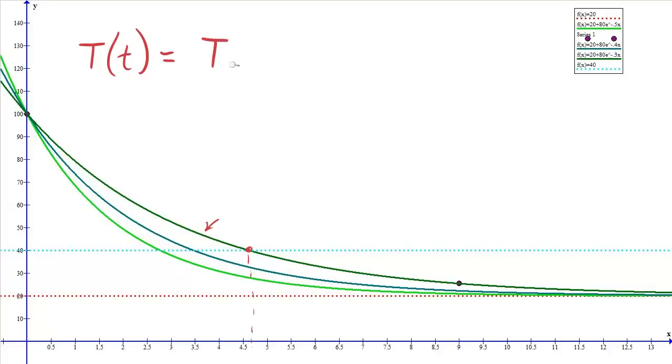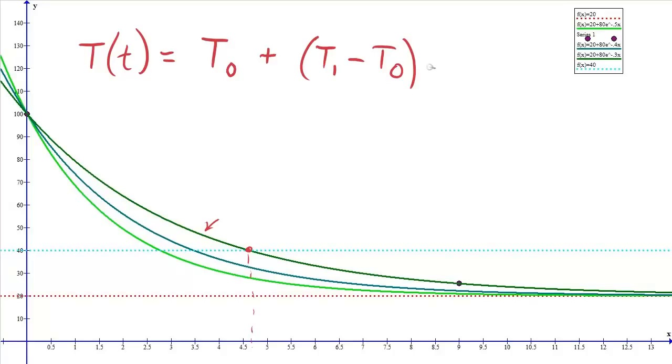Think about the transformations we've talked about so far. Shifting up vertically was our temperature of the environment. Let's call that T0. And what we add to this is the difference in temperature. Let's call our item T1. So the difference in temperature would be T1 minus T0.